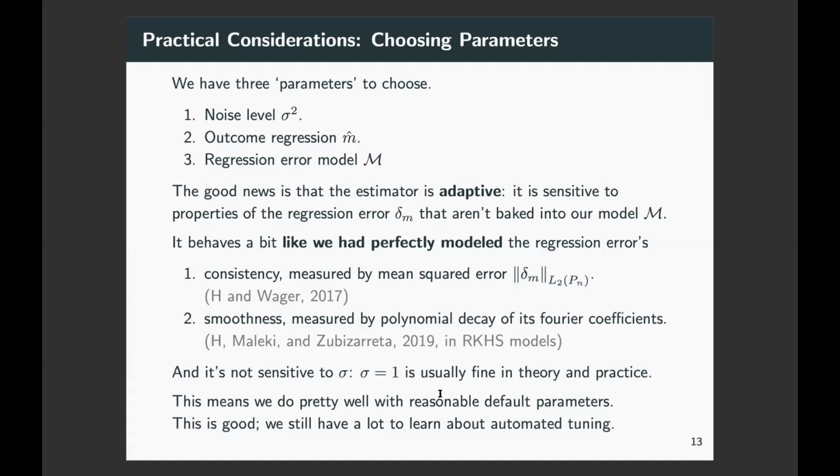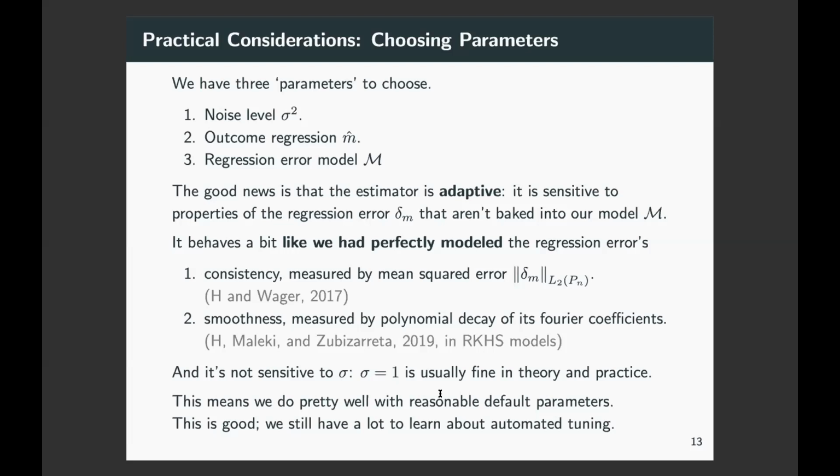And the second is essentially its smoothness, like maybe the rate of decay of its Fourier coefficients. We have this in RKHS models. And that tells us that even though we think of M as the class of all regression errors we could deal with, and it would be nice to have it be right, we don't need to get it that right.